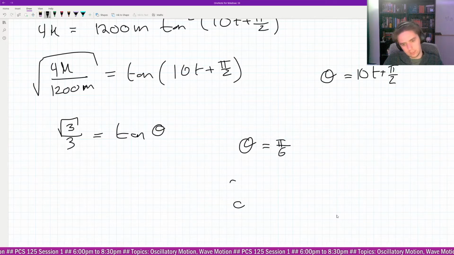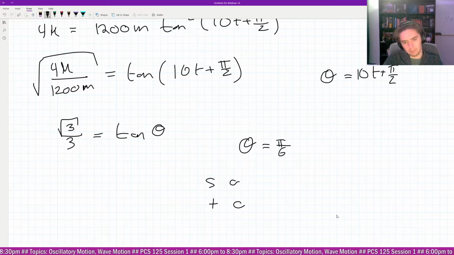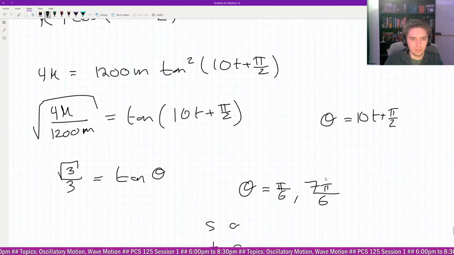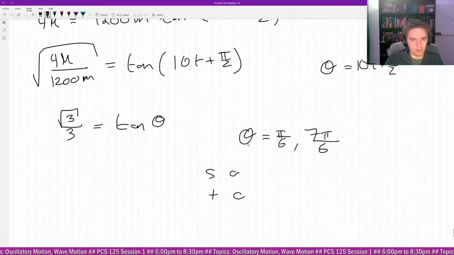CAST, so tan is positive here and here, so pi over 6, so I want to do pi plus pi over 6, and I get 7 pi over 6. No surprise. So it's also 7 pi over 6. So let's see if that works. I'll rearrange this again.